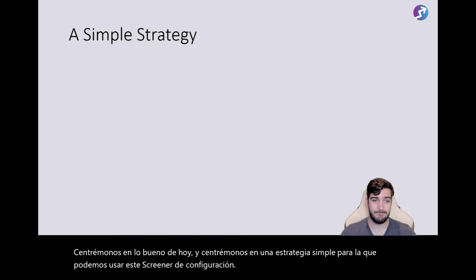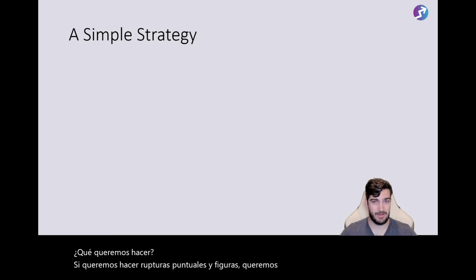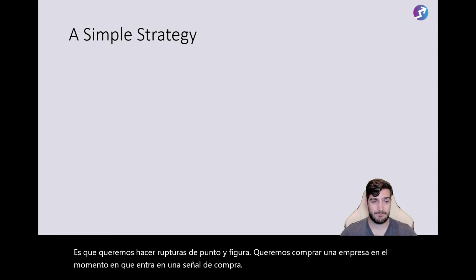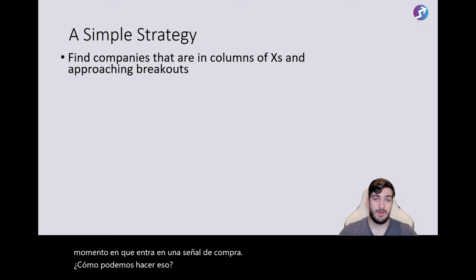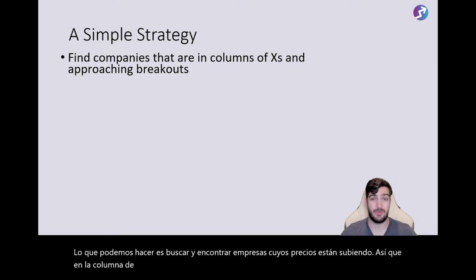What we want to do is point and figure breakouts. We want to buy a company the minute it goes on a buy signal. How can we do that? What we can do is look for and find companies whose prices are going up, so in a column of X's, and they're getting close to their resistance barrier, about to go on a breakout.